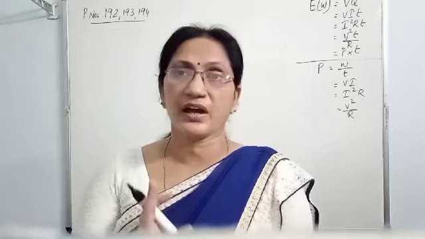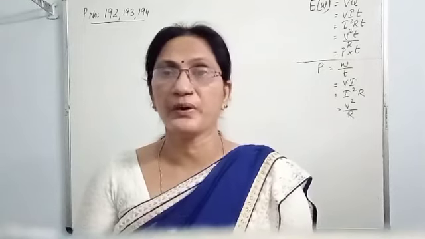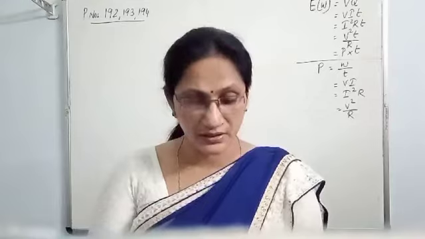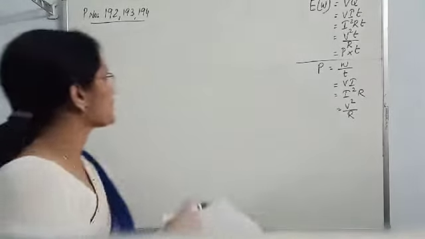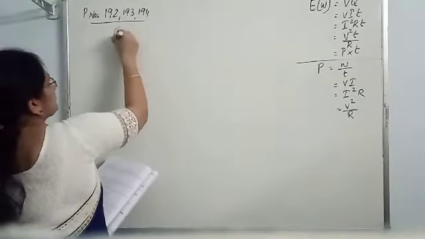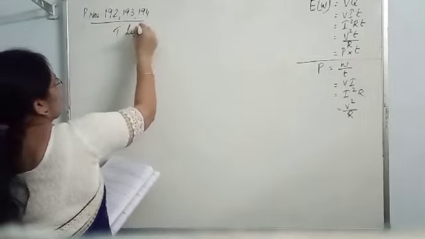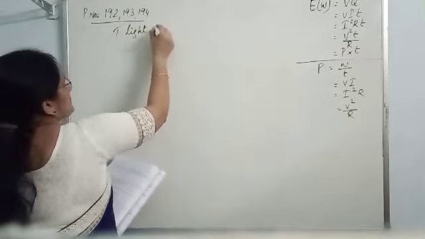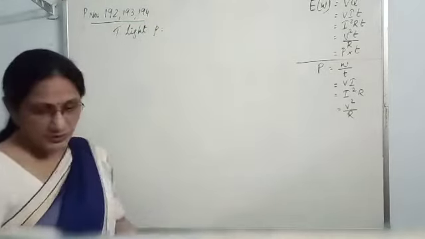So first we will calculate daily how much energy these devices are consuming. Consider the case of the tube light. Its power is 40 watt.